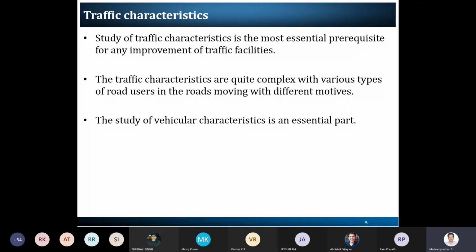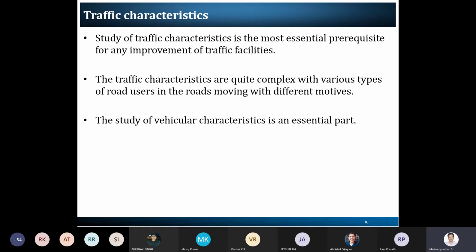This ultimately creates complex situations to study, but it is quite solvable. Many researchers are working in this particular field, ultimately deriving the proper or expected outcome, and from that, what facilities or conclusions we can derive. These decisions can be applied even though the situation is complex. So this is why we need the traffic characteristics.